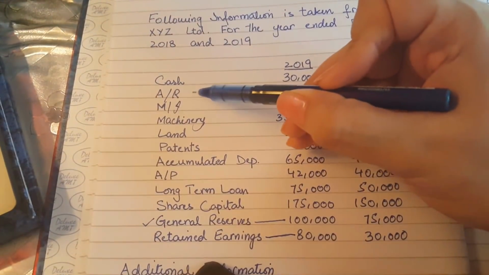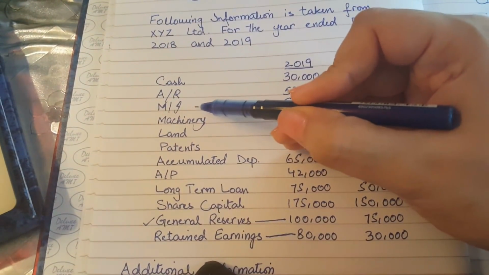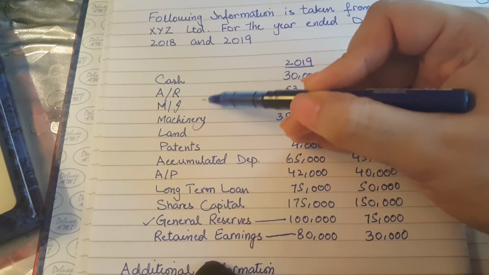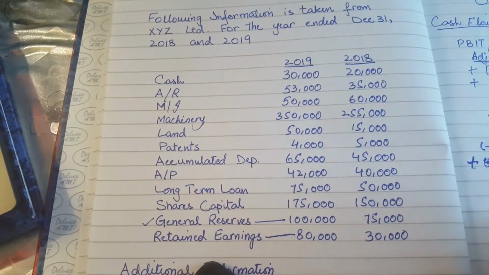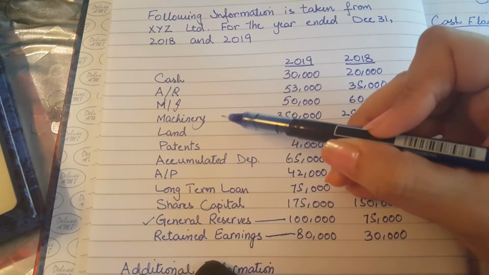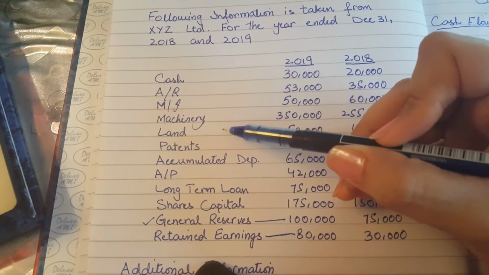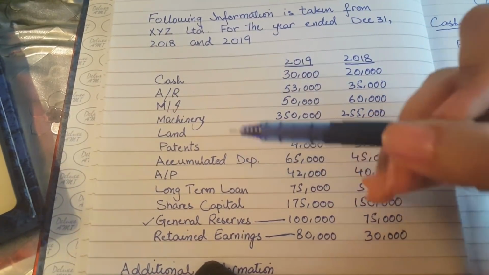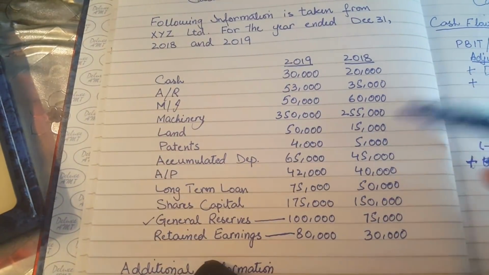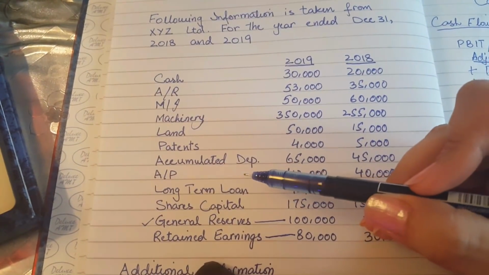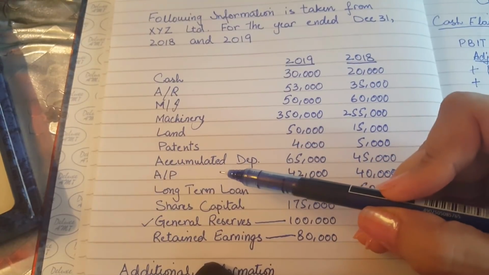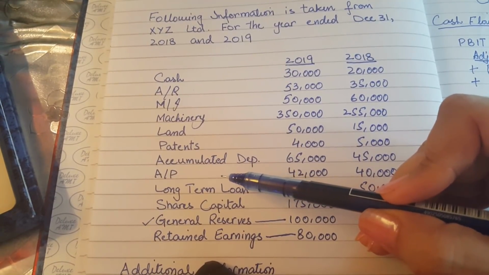So guys, we are done with accounts receivable and merchandise inventory. These both were current assets, and we have done the entries for these. Then machinery is a fixed asset, land is a fixed asset, patents are an intangible fixed asset, and accumulated depreciation we have done in non-cash items. Then comes accounts payable, our current liability.